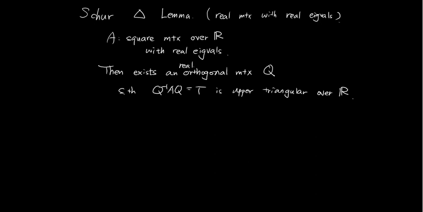And notice that because it is real, Q inverse is just equal to Q transpose. You don't have to do the conjugate transpose. You just do the transpose, and that's the inverse itself.